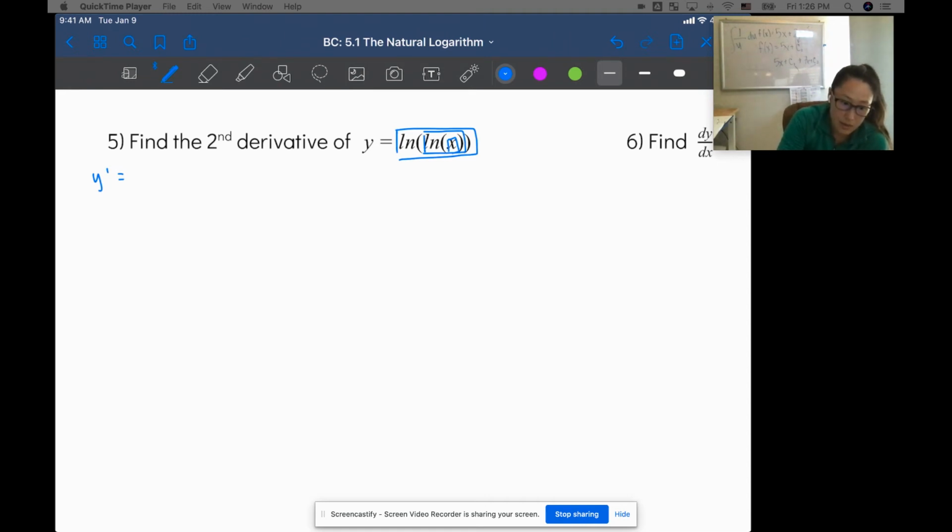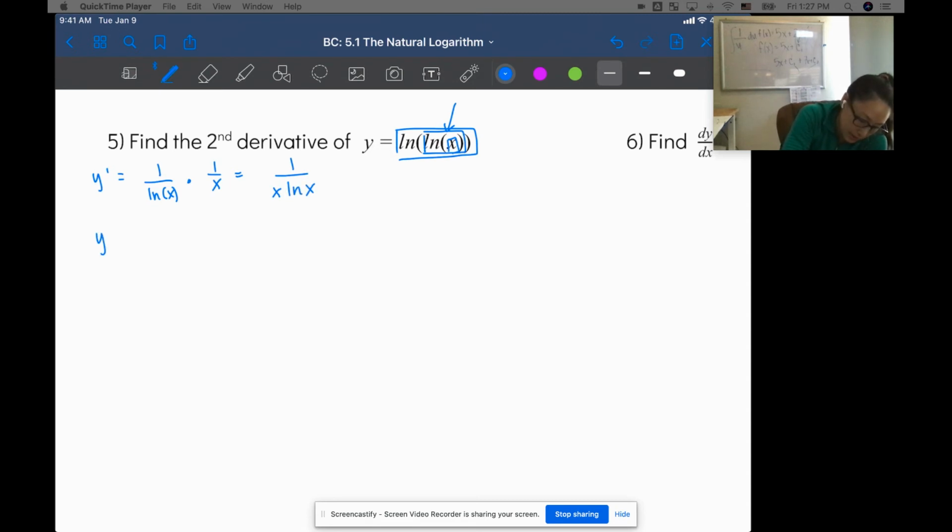So I have the derivative of ln u, 1 over u, so 1 over ln x, times the derivative of the inside. You see the chain rule happening here? Okay, so the derivative of the inside, the ln of x, would be 1 over x. So this is 1 over x ln x.